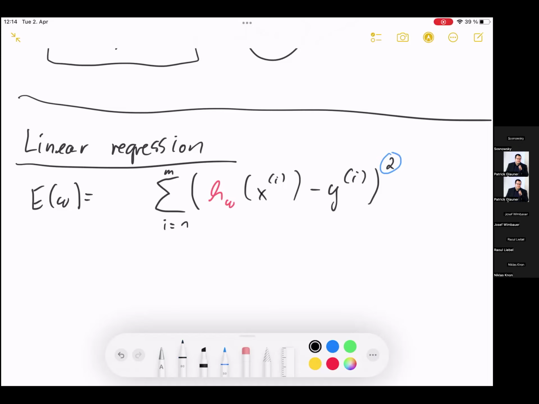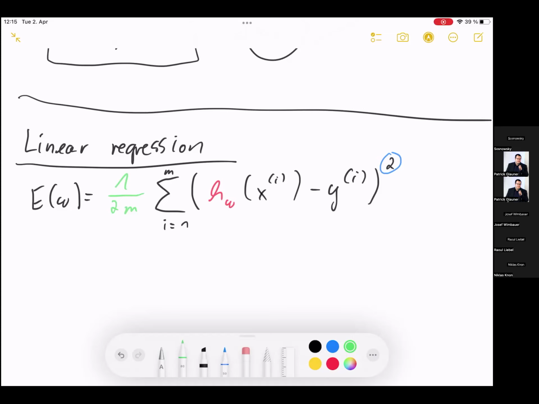And because this error value may just get extremely large, sometimes we divide it, for example, by m, because we have m training examples, or sometimes, just for convenience later when taking the partial derivatives, we divide by 2m.